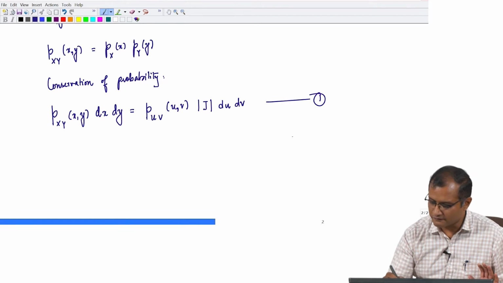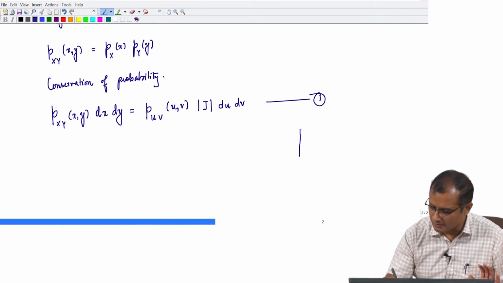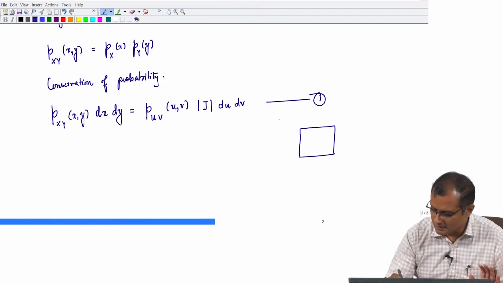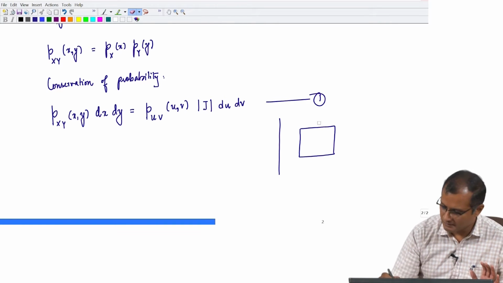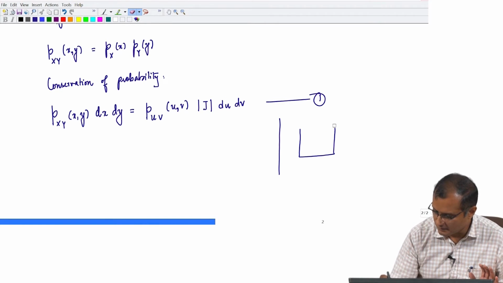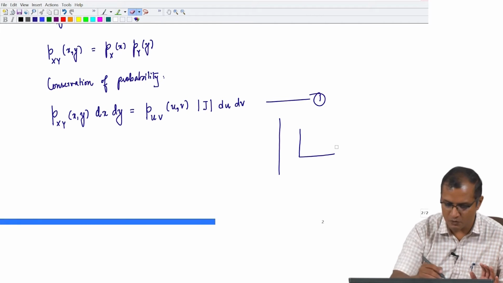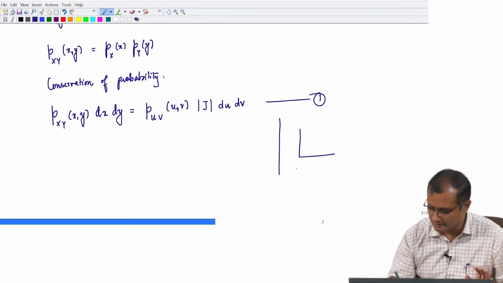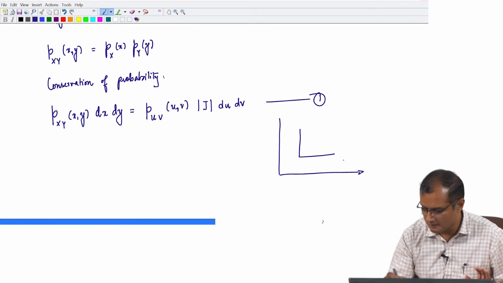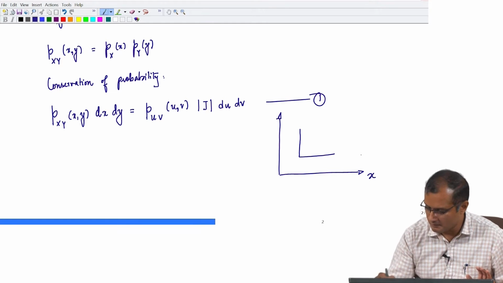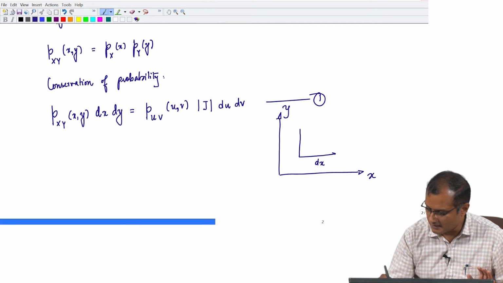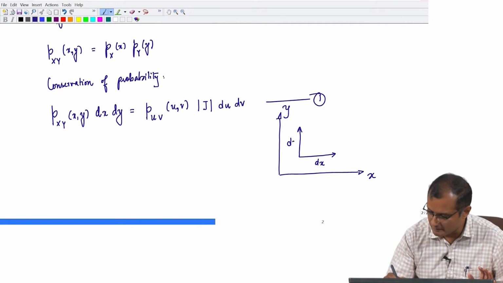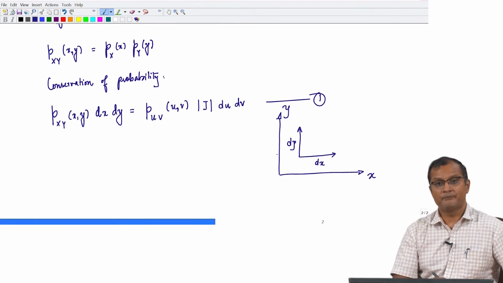So, you can think of some simple x y coordinate system wherein you consider two displacements dx and dy. Okay, so, this is displacement x and that is displacement y. Okay.